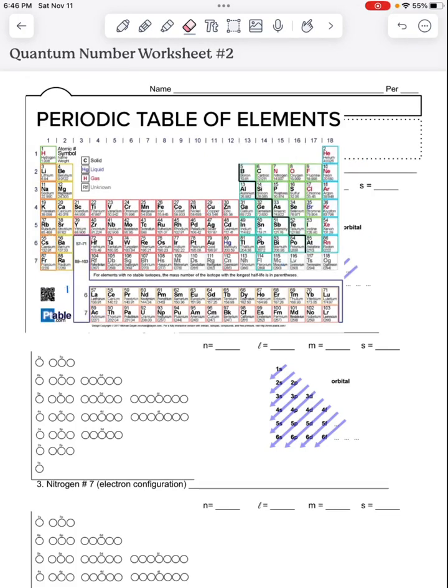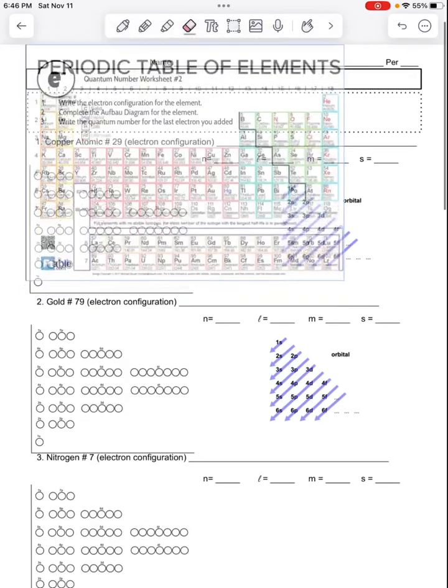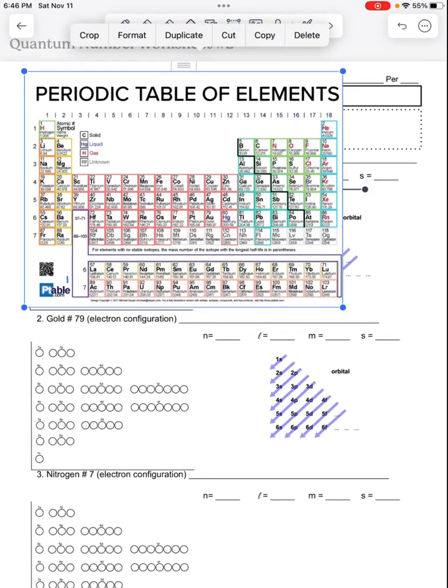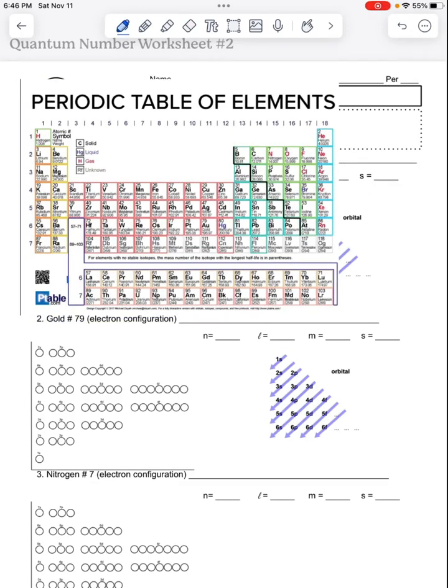Okay, so I'm going to do gold. Gold is atomic number 79, has a lot of electrons, and here it is right here. So I'm going to use my little chart down here to help me fill in order. Okay, go ahead and do it along with me.